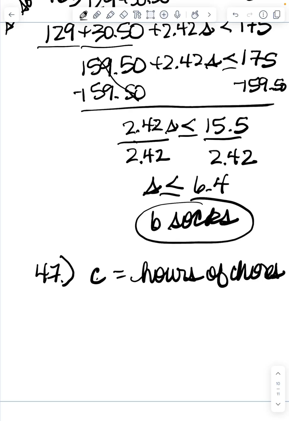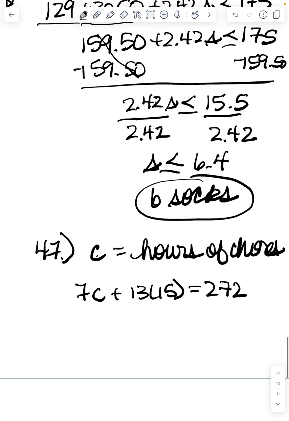Okay. $7 an hour doing chores, so 7C, plus $13 an hour for babysitting, and she's babysitting for 15 hours, so 13 times 15. Okay, she wants to make a total of $272.